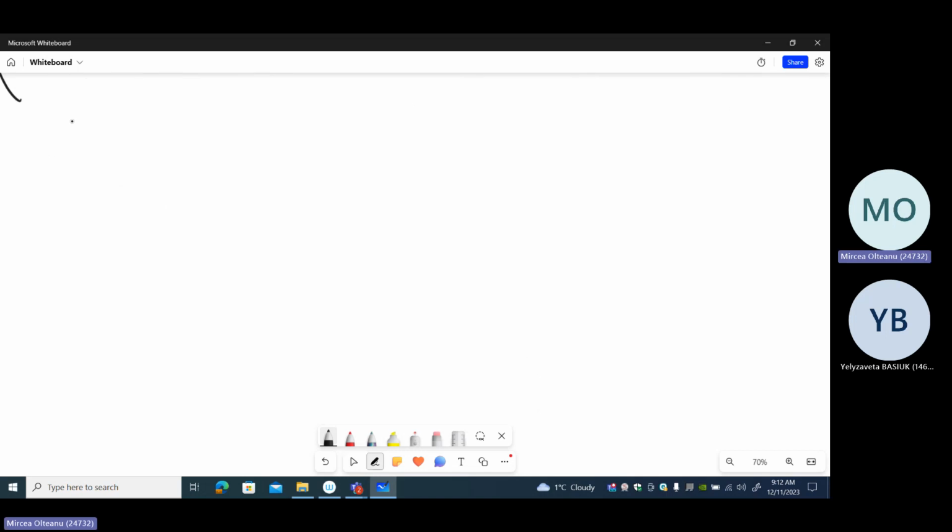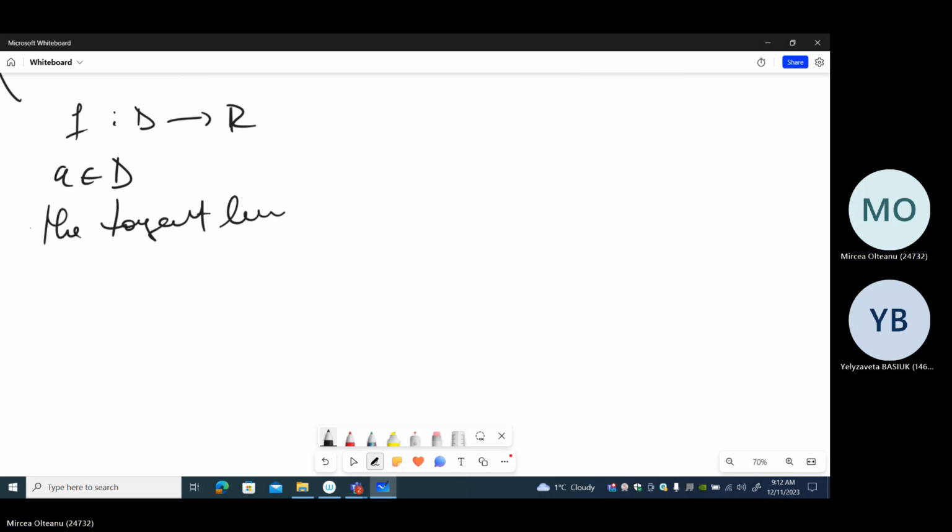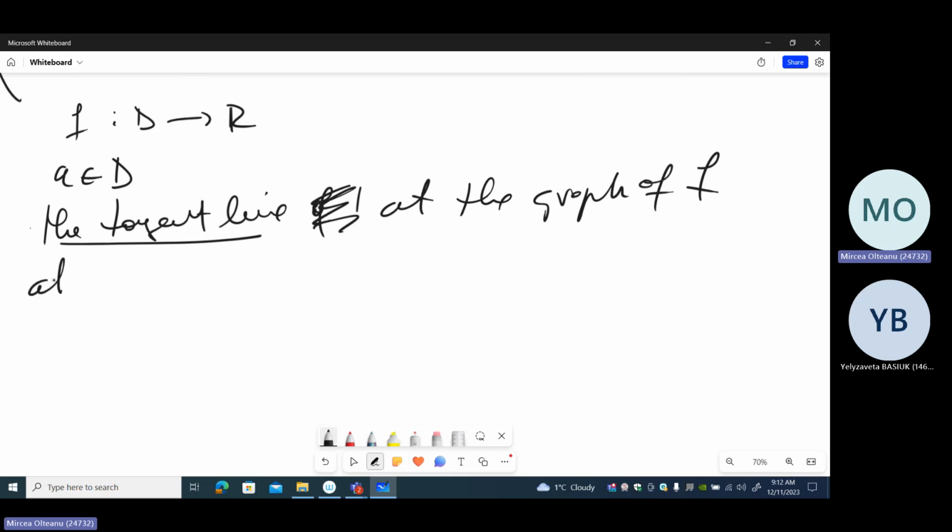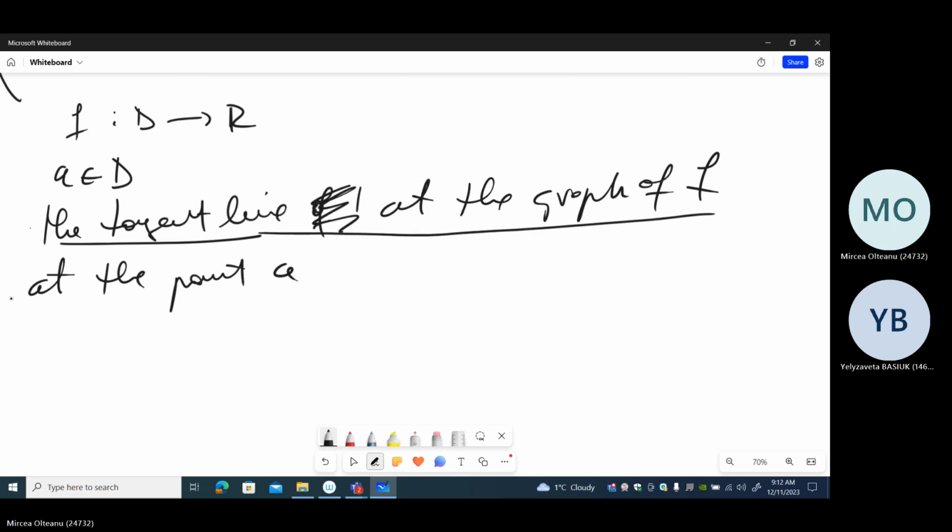If we have a function f defined somewhere on D with real values, and if A is a point in D, the tangent line at the graph of f at the point A, this is its name, it's long, but it's the tangent line at A.